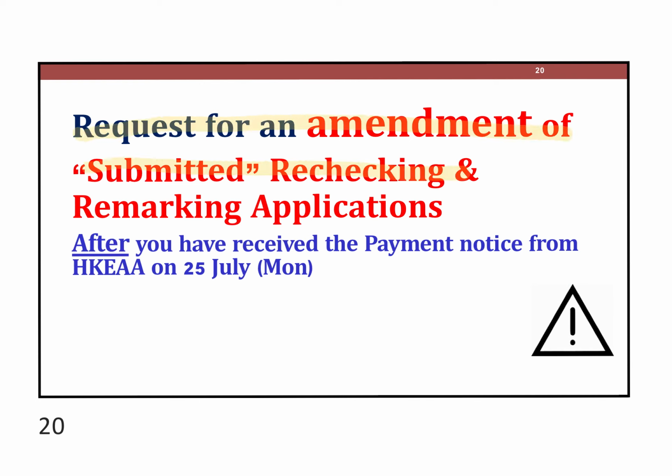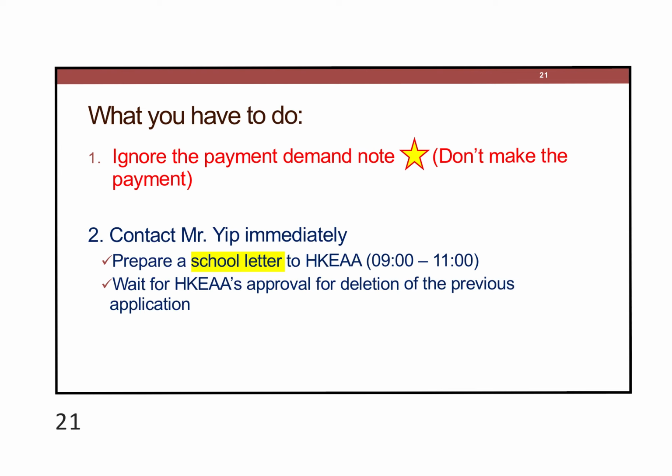If you still want to make changes after receiving the payment notice from HKEAA on 25th July, please do not pay the application fee. Contact Mr. Yip immediately. We have to send a school letter to HKEAA about your case and wait for their approval.